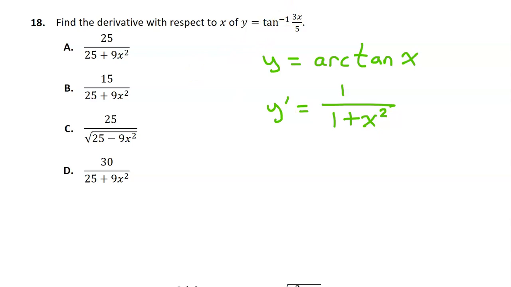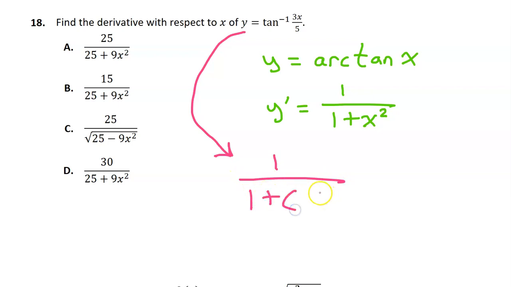So I am going to use that, but I'm going to apply the chain rule. So I'm going to have 1 over 1 plus x squared, but instead of x, I'm going to put parentheses. Inside of the parentheses, I'm going to put the inner function 3x over 5. So I have 3x over 5.